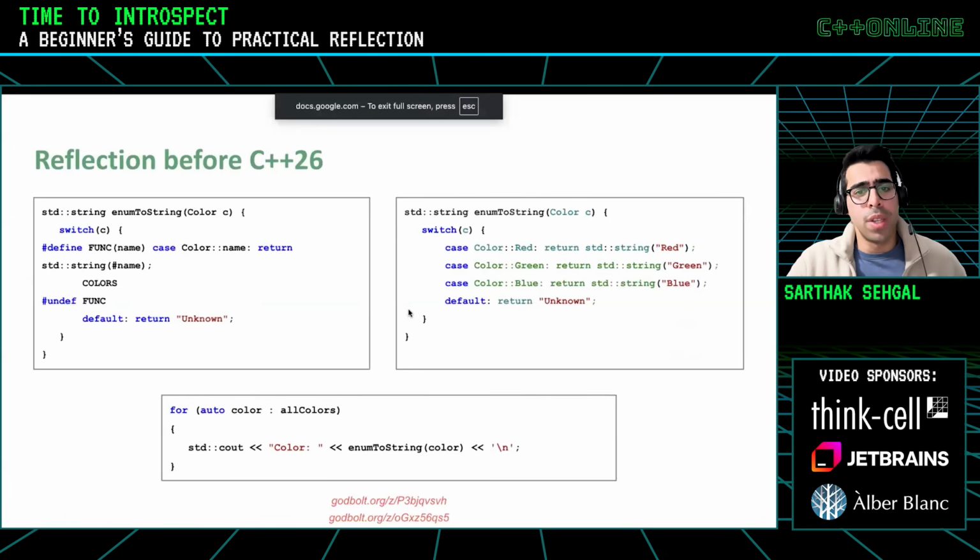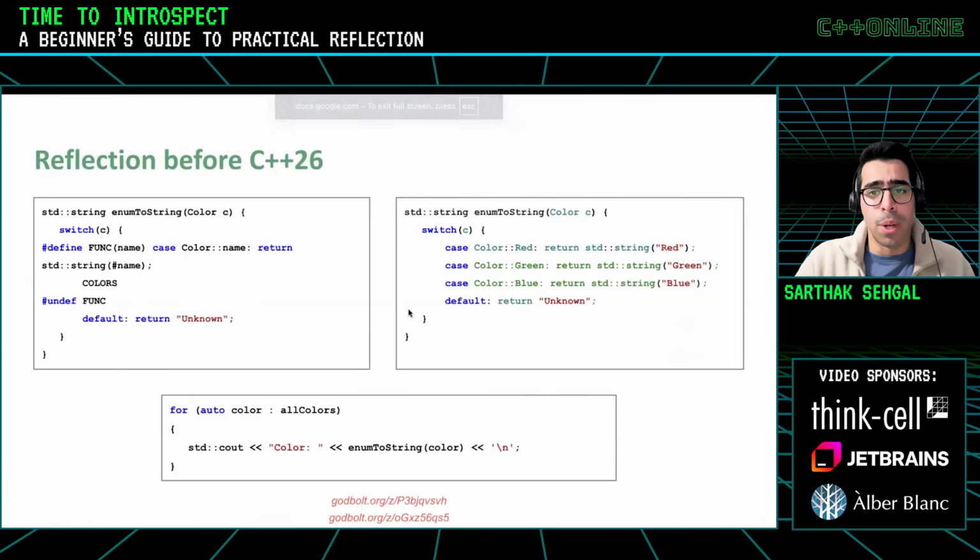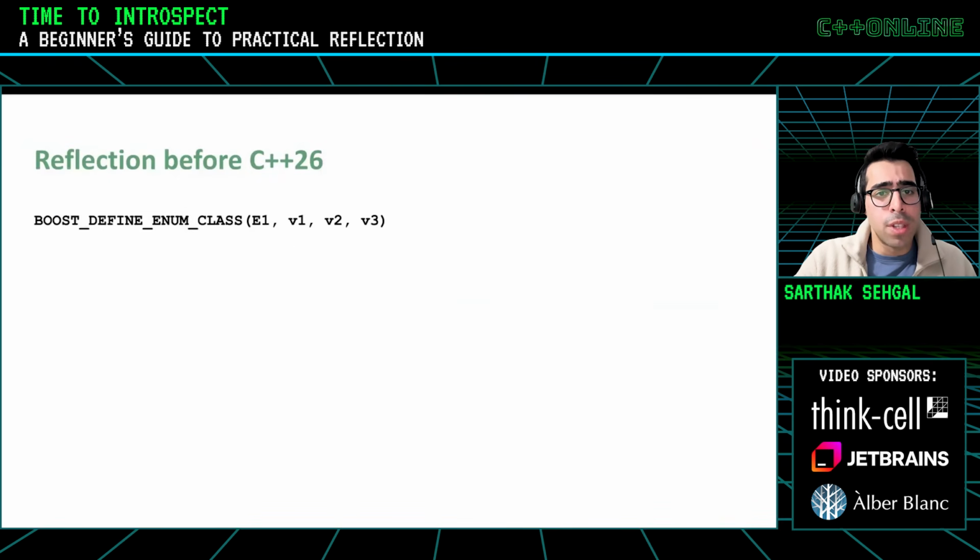Okay, so we've seen this example where we've been able to convert an enum to a string before C++26. I mentioned that Boost Describe is a very famous library, and we saw an example very similar to this, where in Boost Describe you can do something like Boost define enum class, have the enum provide its elements, and now you can use the other utilities provided by the library for reflection over this enum.